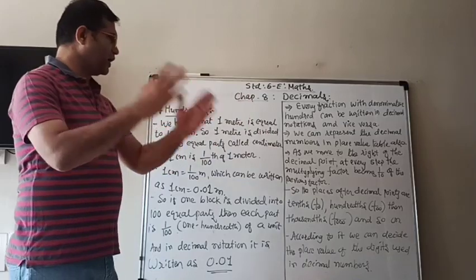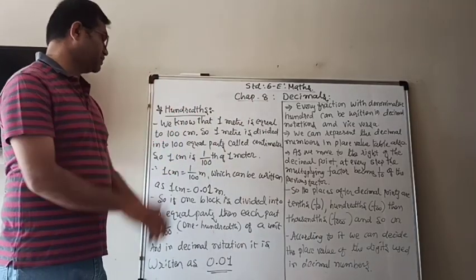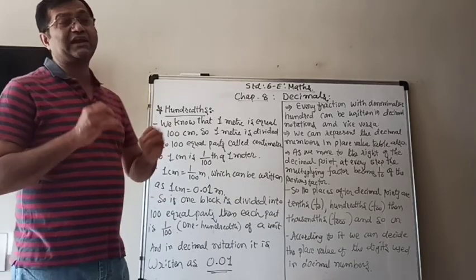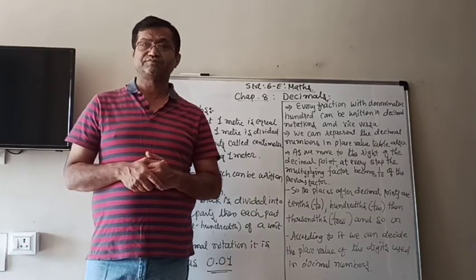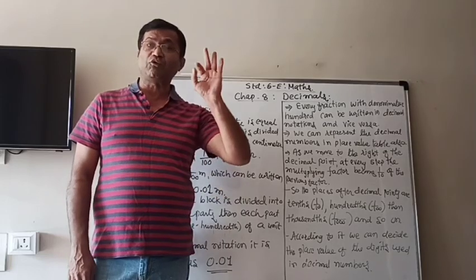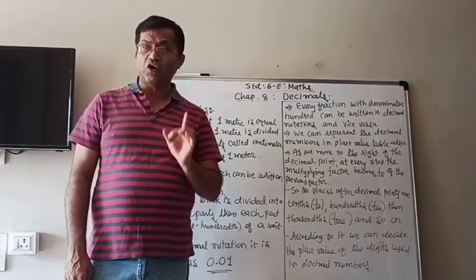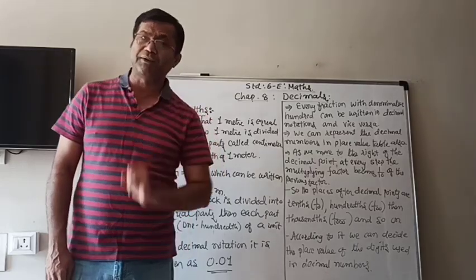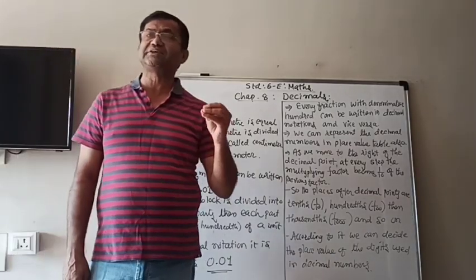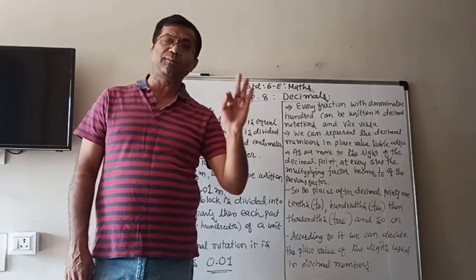When a block is divided into 10 equal parts, each part is 1/10 of the block, and we saw that we represented it as 0.1.